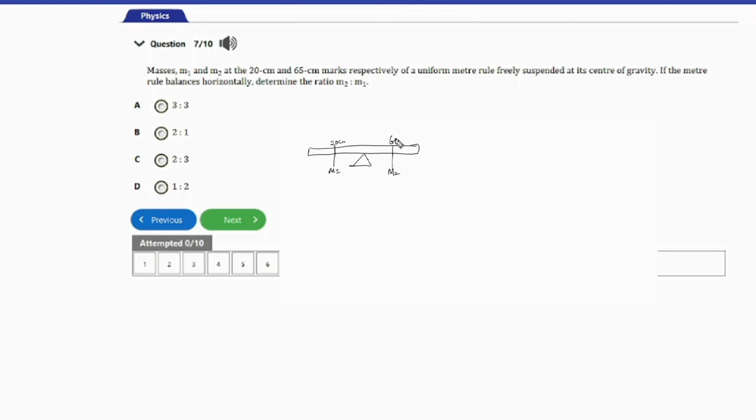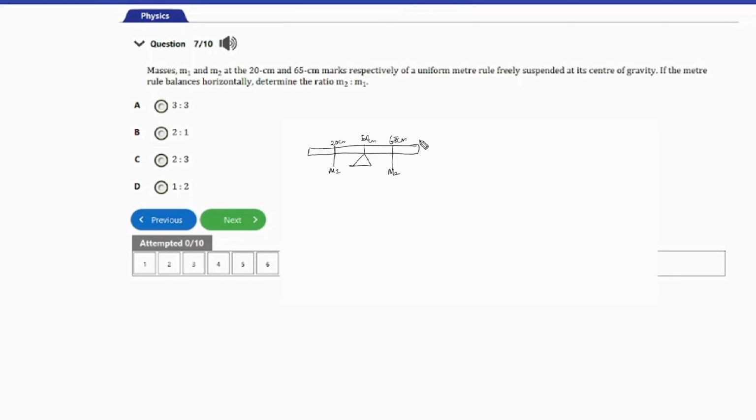If we have this here already, let's go ahead and determine the midpoint here. That's 50, at point 50 here. So this is where it balances, at its center of gravity, 50.